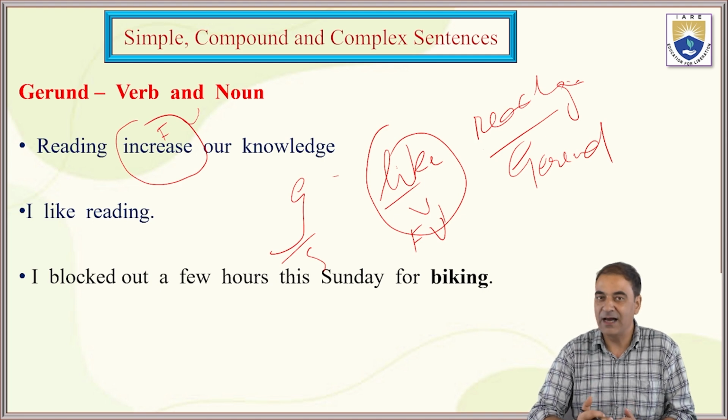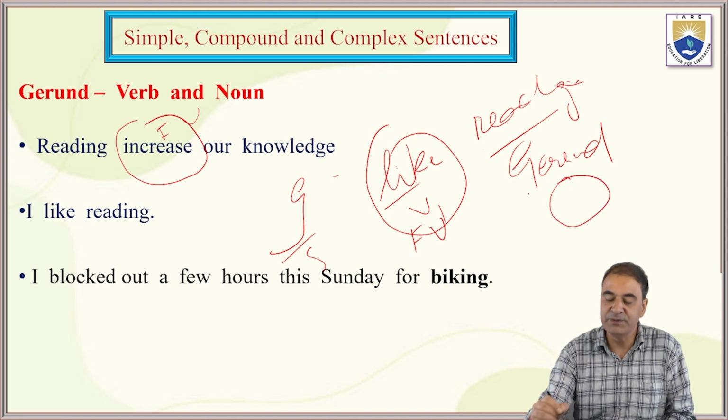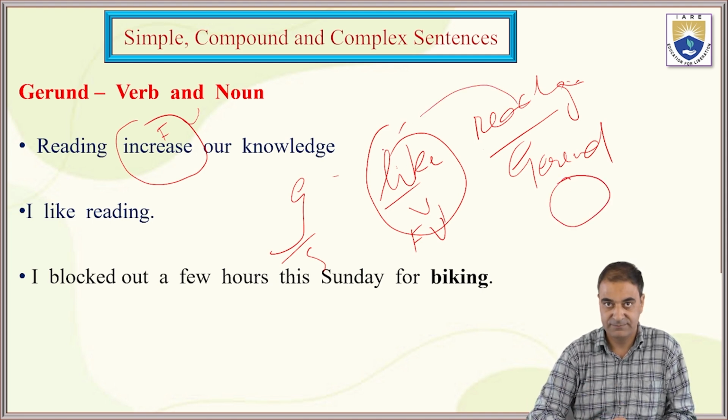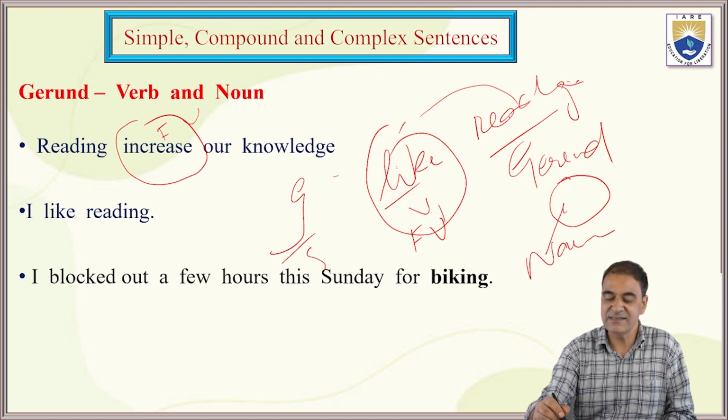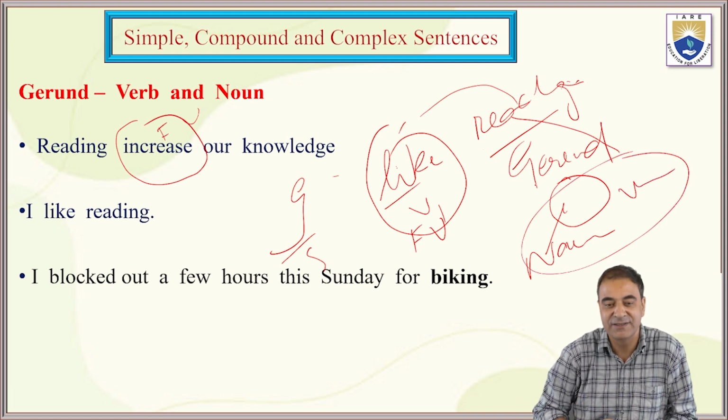And how does it have the force of a noun? Because here it acts as the object of the main verb, that's like. And you know the object has the force of a noun. Therefore, this word reading has the force of noun and verb. And therefore, we call it gerund.